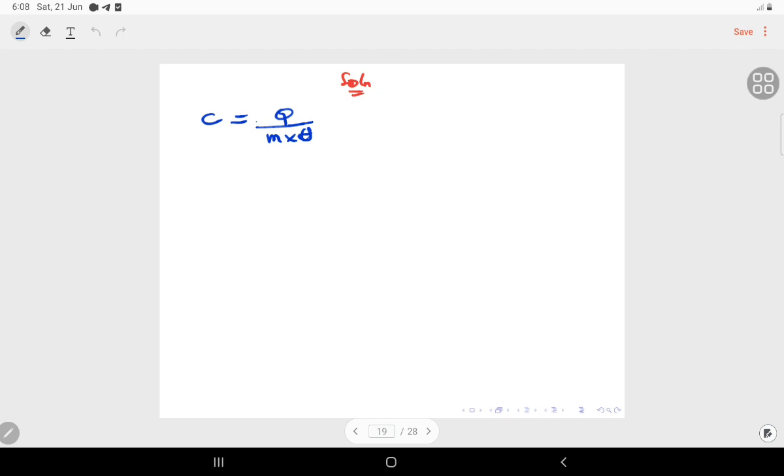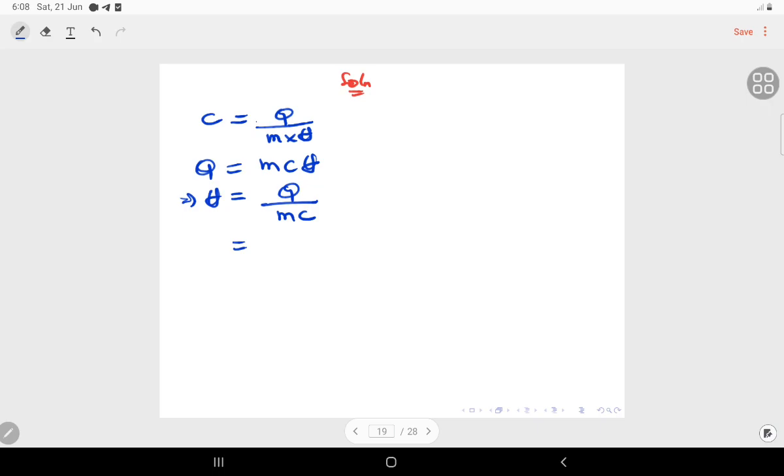Let's try and make theta the subject. It depends on how everyone will solve it, but this is the approach I prefer. When we make theta the subject, you get Q equals MC theta, so theta will be Q over MC.